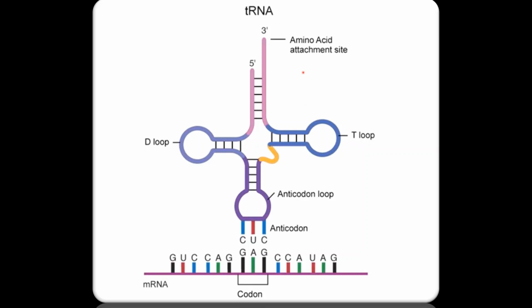The end of the tRNA which is attached to the mRNA is called anticodon. Students, this tRNA shows various structures such as D loop, T loop, anticodon loop, and the fourth place is where amino acid is attached. Now this tRNA brings various amino acids from cytoplasm to the site of protein synthesis.